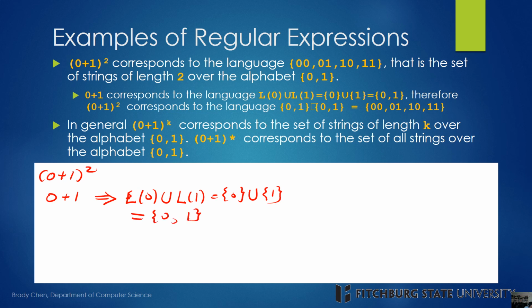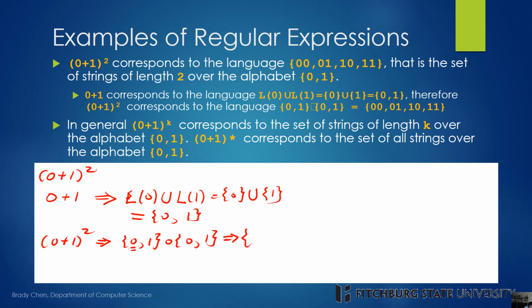So (0 plus 1) squared is the concatenation of these two languages.